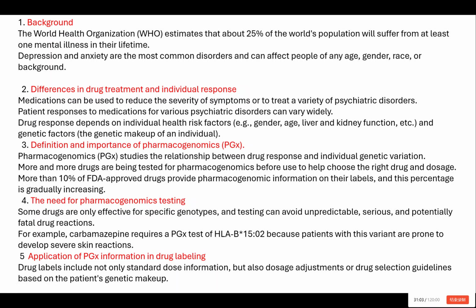For the background, the World Health Organization estimates that about 25% of the world's population will suffer from at least one mental illness in their lifetime. Depression and anxiety are the most common disorders and can affect people of any age, gender, race, or background. There are some differences in drug treatment and individual response.